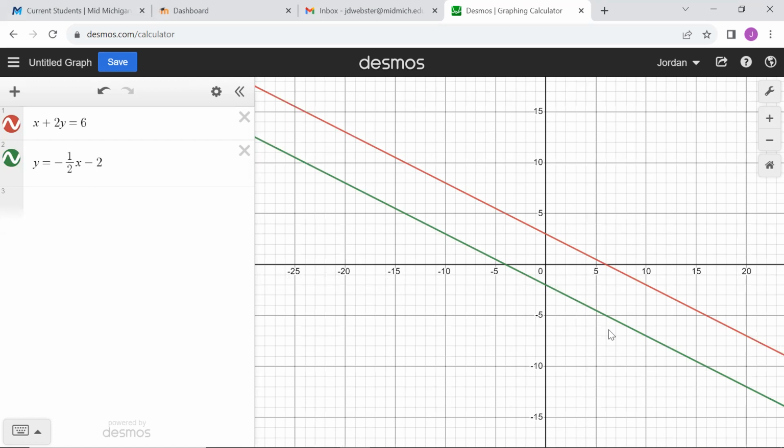This is the case in which we have no solution. There is no solution to this system of linear equations because when we graph the two lines, we got parallel lines.